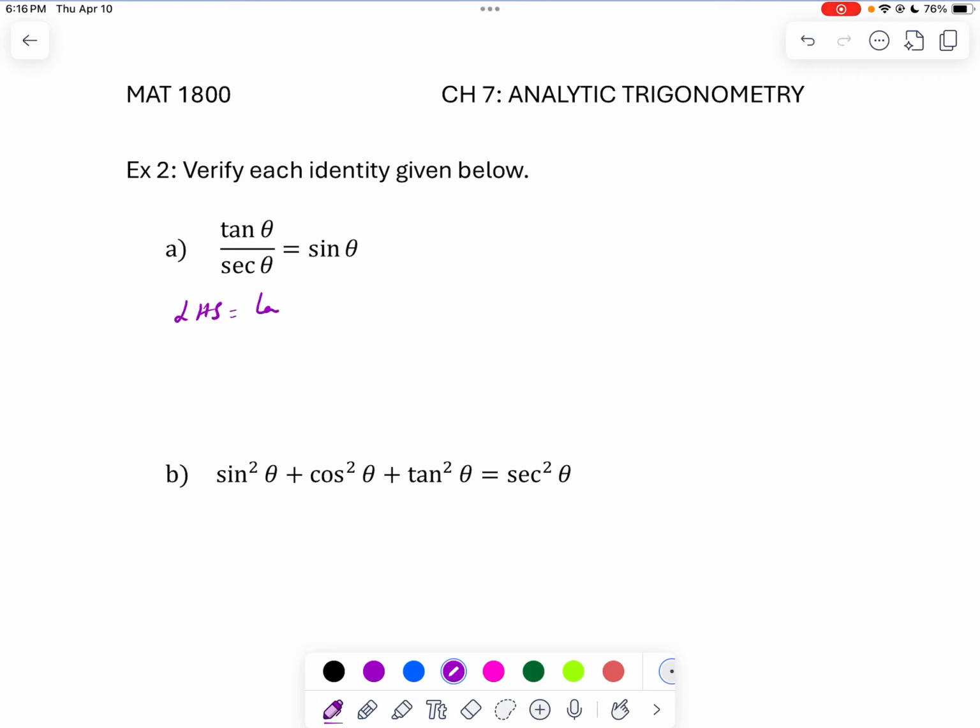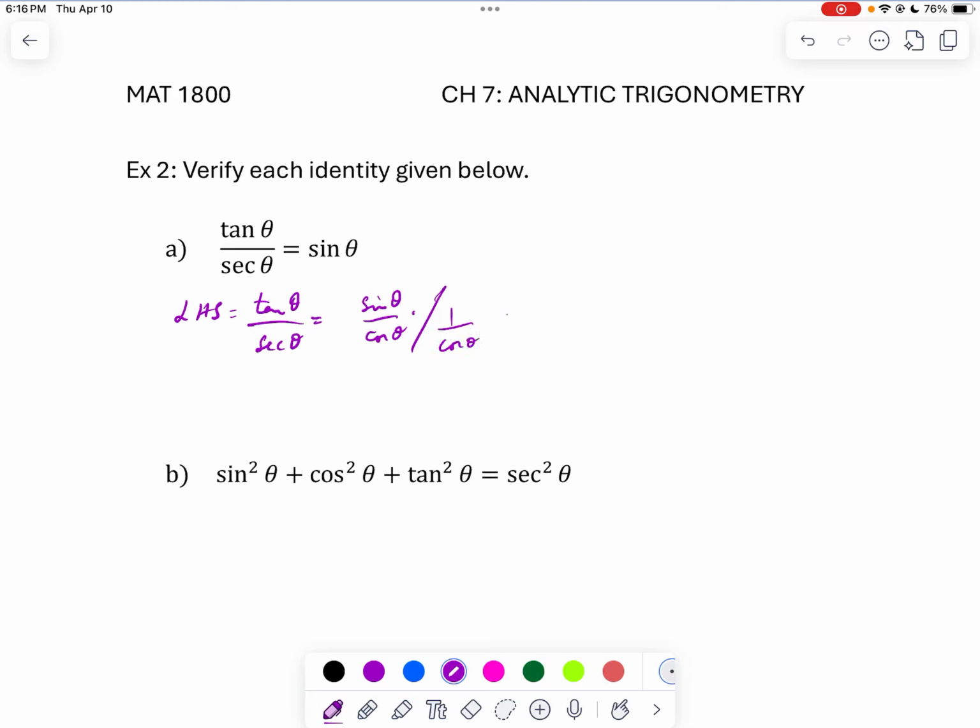Tan theta over secant theta. So we can write this tangent as sine over cosine, sine theta over cosine theta, and the 1 over secant theta, or you can write it as this whole thing divided by 1 over cosine theta.